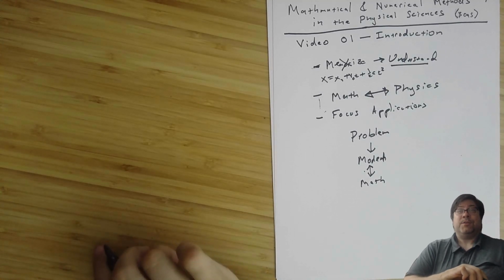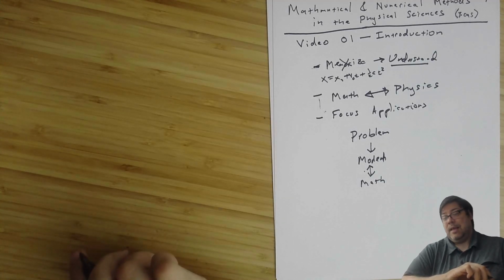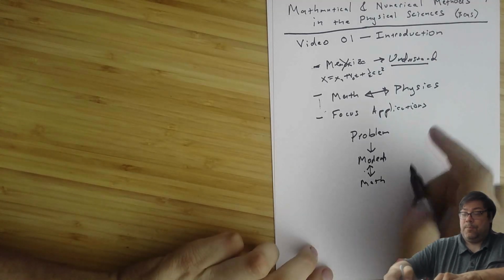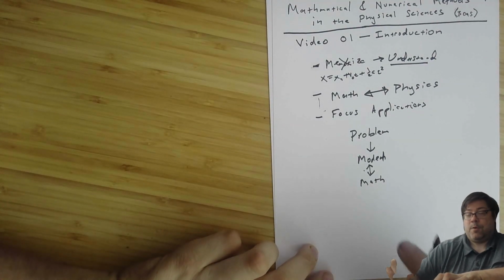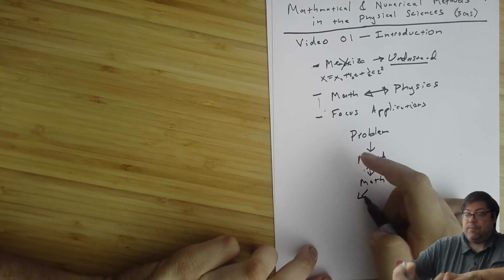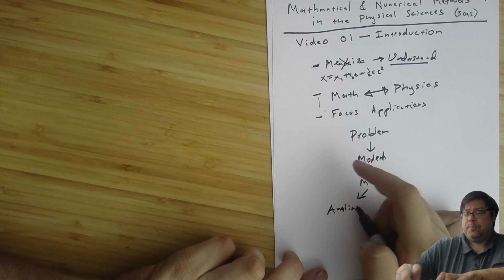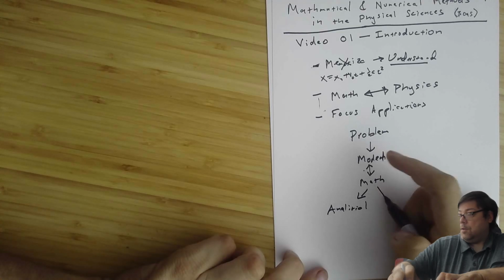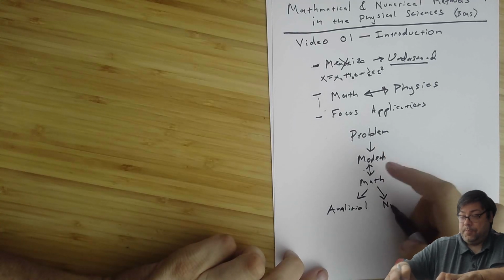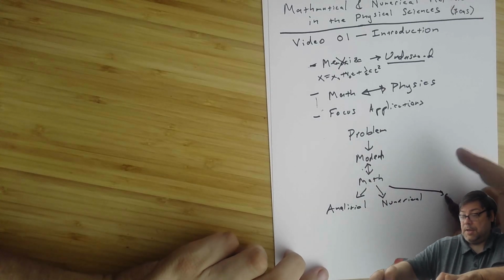So if we have something spherical, we might use spherical coordinates. So it's not like you don't change the model depending on the math, all right? And then once you have the math, there's also different things. You could do analytical, you could do numerical, you could do computational.